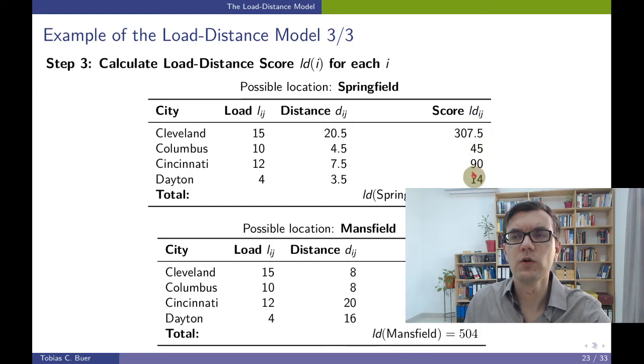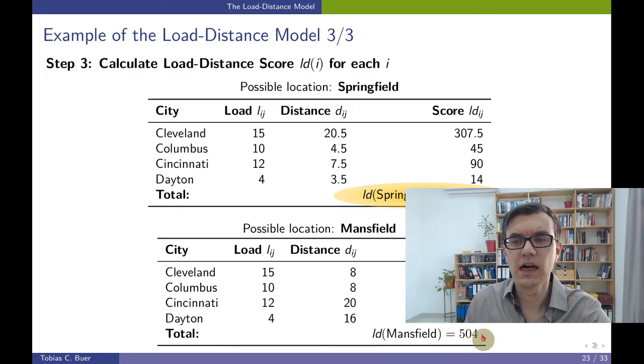So we have a load distance score for each of the existing customers, and we sum up the load distance score for all 4 existing locations. That means the load distance score for Springfield is 456.5, and we repeat the same exercise for Mansfield.